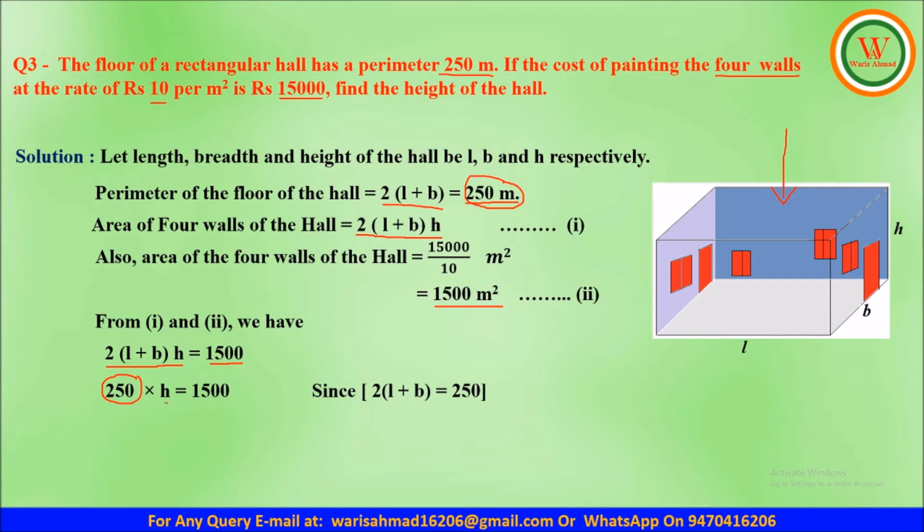After that, H will be equal to 1500 divided by 250, that is equal to 6 meter. Hence, H is representing the height of this hall. So we can write here, hence the height of the hall is 6 meter. So this is the final solution of this question.